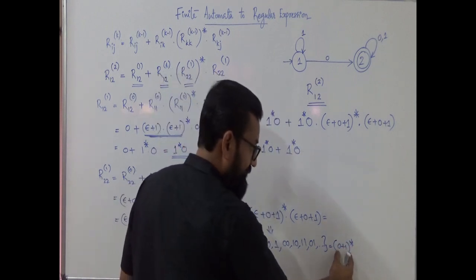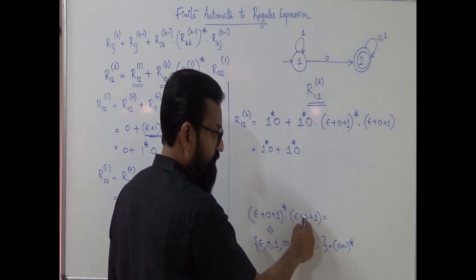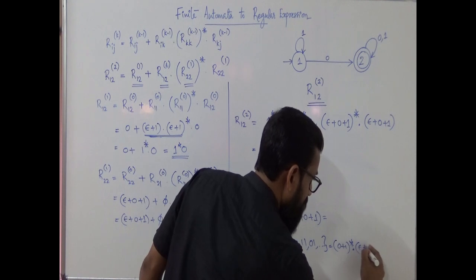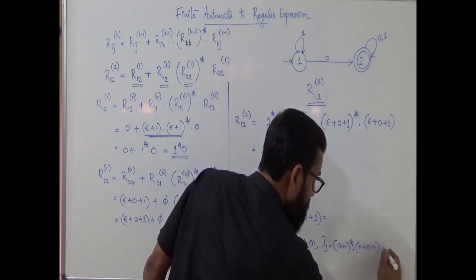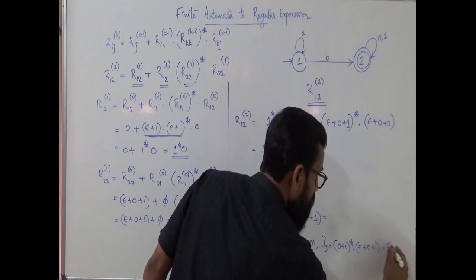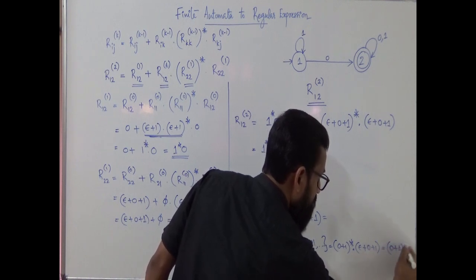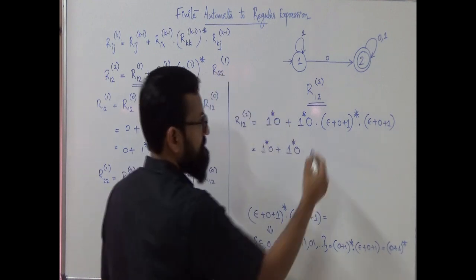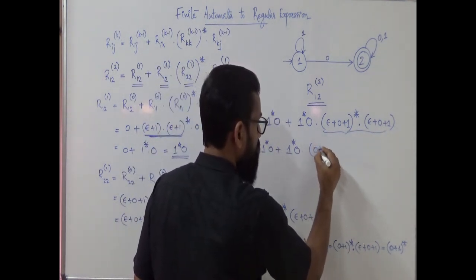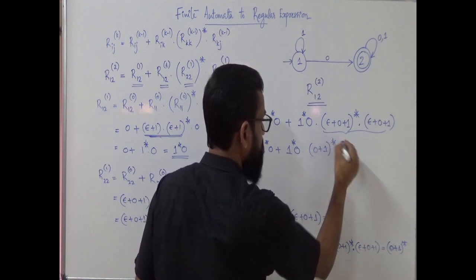And you are concatenating this with epsilon or 0 or 1. If we concatenate this with epsilon or 0 or 1, still it will be equal to 0 or 1 Kleene closure. In the sense, this will get reduced to 0 or 1 Kleene closure.